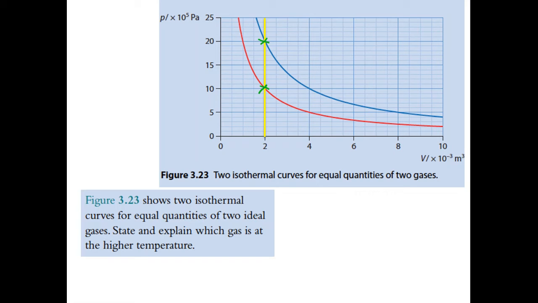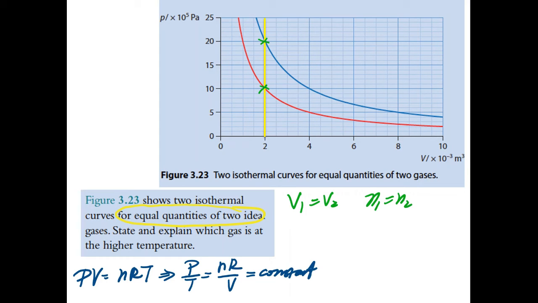At these points, both gases have the same volume. As the quantities of the gas are equal, n is the same. So PV equals nRT, as it is an ideal gas.